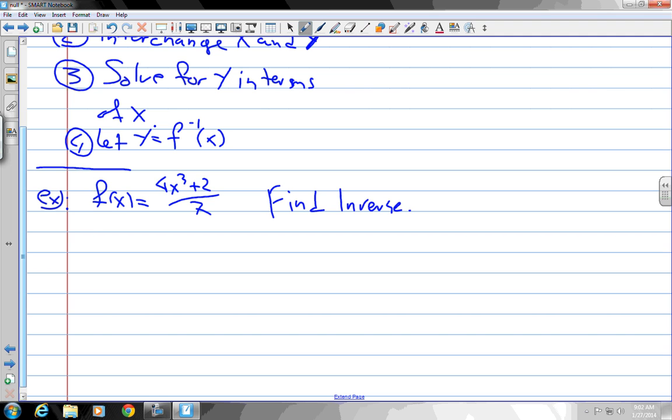So the first step tells me to do this, right? y equals the function, so here it is. So this is step 1, done. y equals whatever the function is. Step 2 tells me to flip x's and y's. So for every y I put x, for every x I put y.